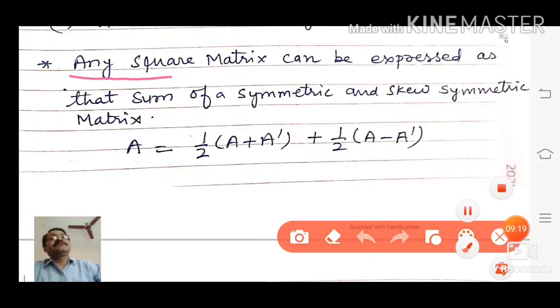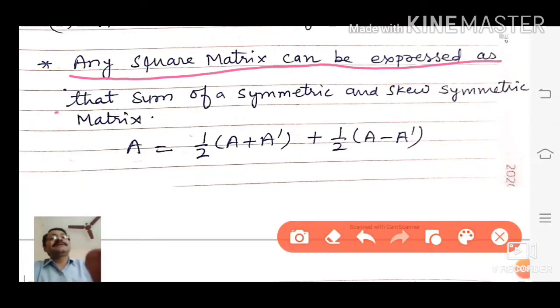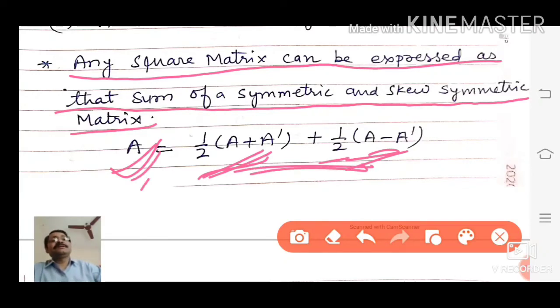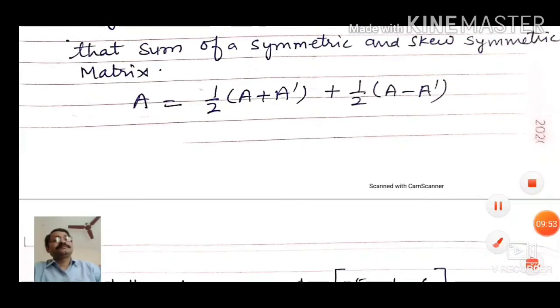If matrix A is given, you have to represent it in this form: the plus part is always symmetric, the minus part is always skew symmetric. If you open the brackets and solve, you get A only. So you have to learn this formula, this is a very important part.